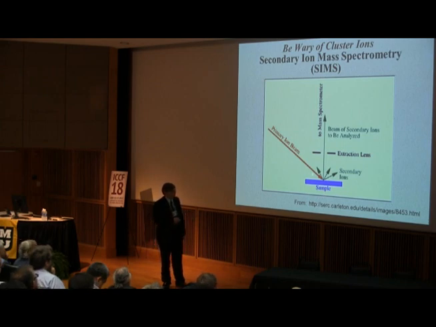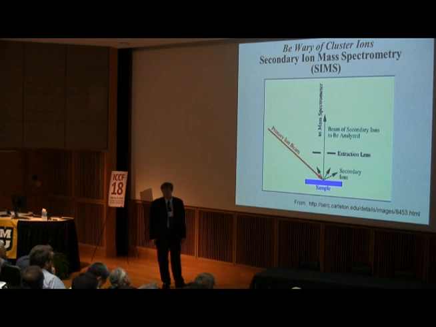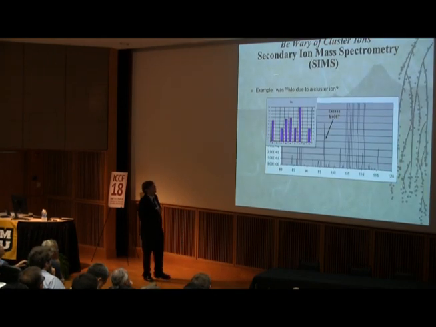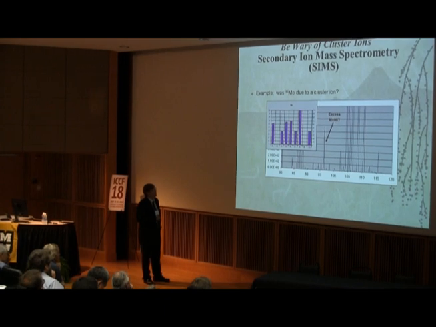In doing that, a lot of molecular species reform from that ion impact event. SIMS is very, very, very prone to forming molecular species, unlike ICP-MS. So let's look at a very famous example, molybdenum 96.